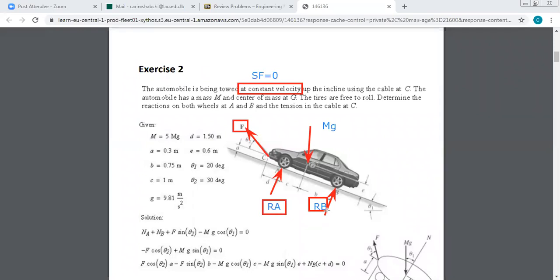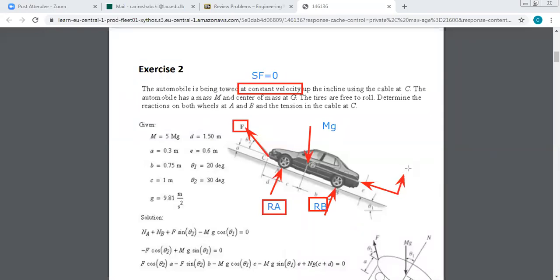Okay, now to start with, you can choose x and y as you like. So for example here, it is easier to choose xy like this. I can choose x upward and inclined. But whatever the frame you choose, at the end you will have the same forces.